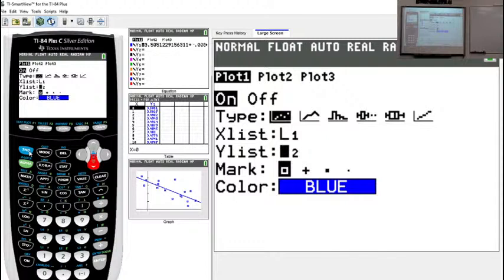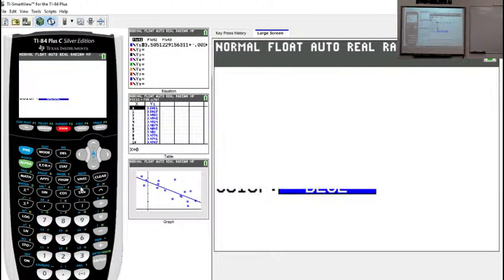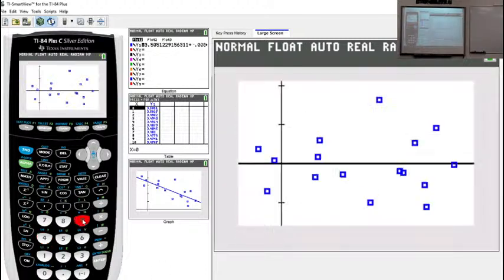And where are the residuals? They're in list 4. Stat plot, same place you made the scatter plot. So instead of list 1 versus list 2, which is where the y values are, now we're going to do list 1 versus list 4. And we're going to go Zoom 9. There's the residual plot. The residuals are what we ended up with in list 4.